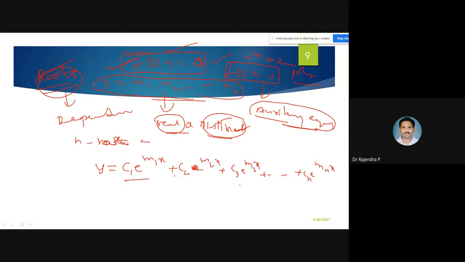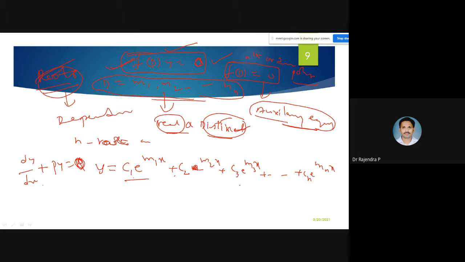What is your first order differential equation? dy by dx plus py is equal to q. In place of this, let me take the other side, q, as not there, so it will be 0.